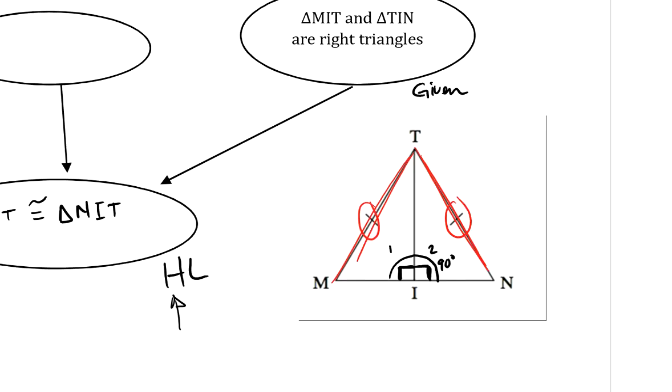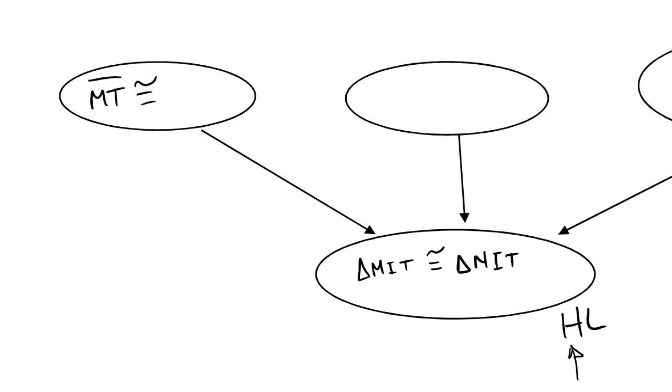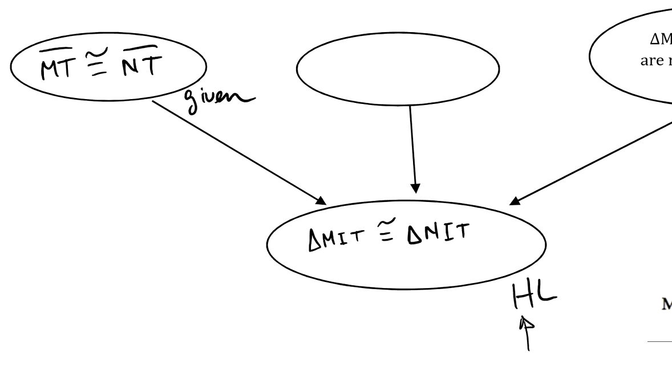So I'll say segment MT is congruent to segment NT. And that is given. There were tick marks on those lines. And that provides me the H in HL. I now have congruent hypotenuses, so that's one of the conditions that I needed.